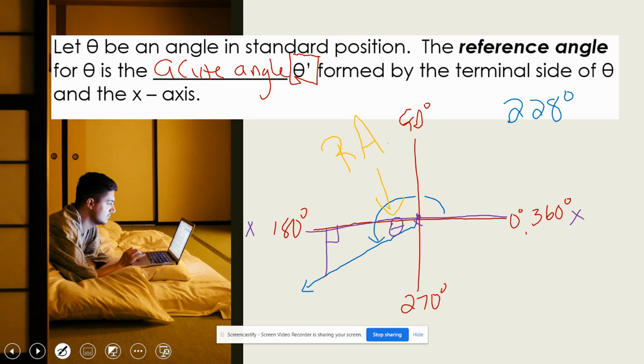To find the measure of that angle, we take the angle that we drew, which was 228, and we drew that line to 180 degrees. And we're subtracting. So 228 minus 180 is 48 degrees. So the reference angle is 48 degrees.